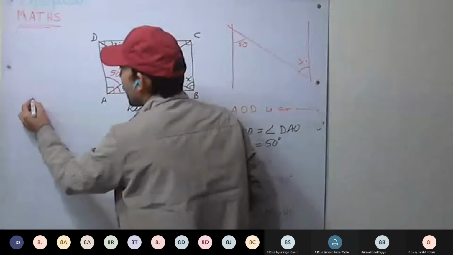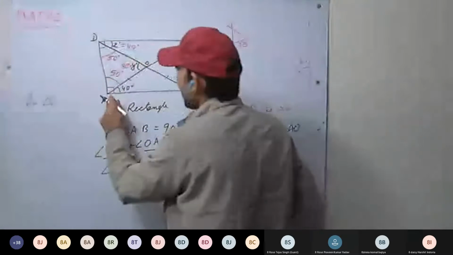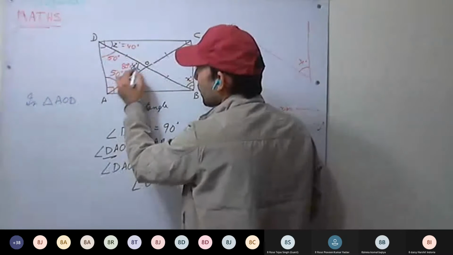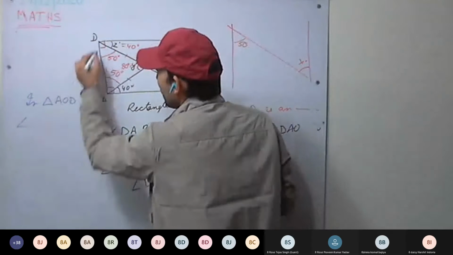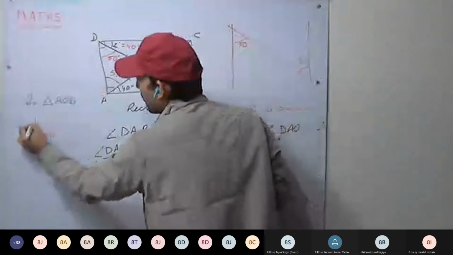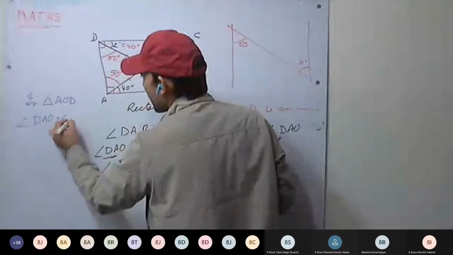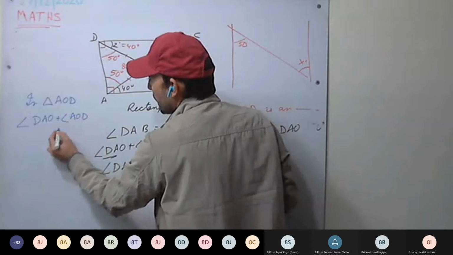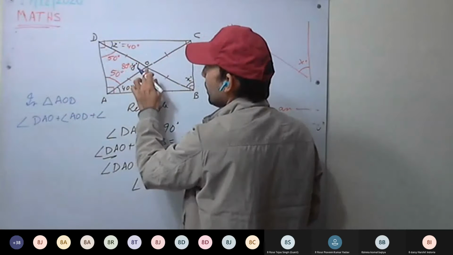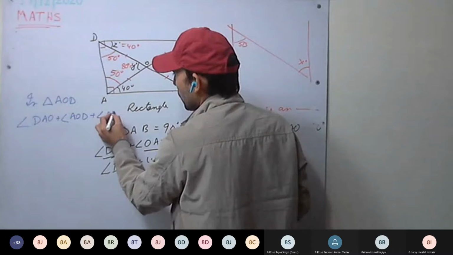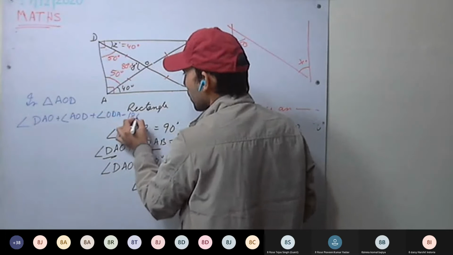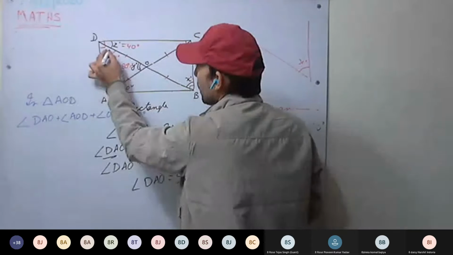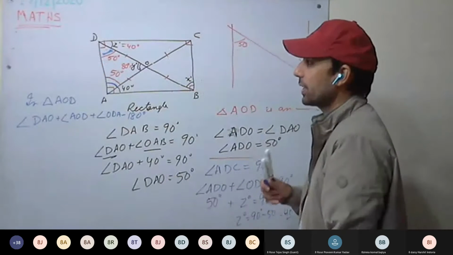So see here, we have triangle AOD. This angle plus this angle plus this angle: angle DAO plus angle AOD plus angle ODA equals how much? 180 degrees.